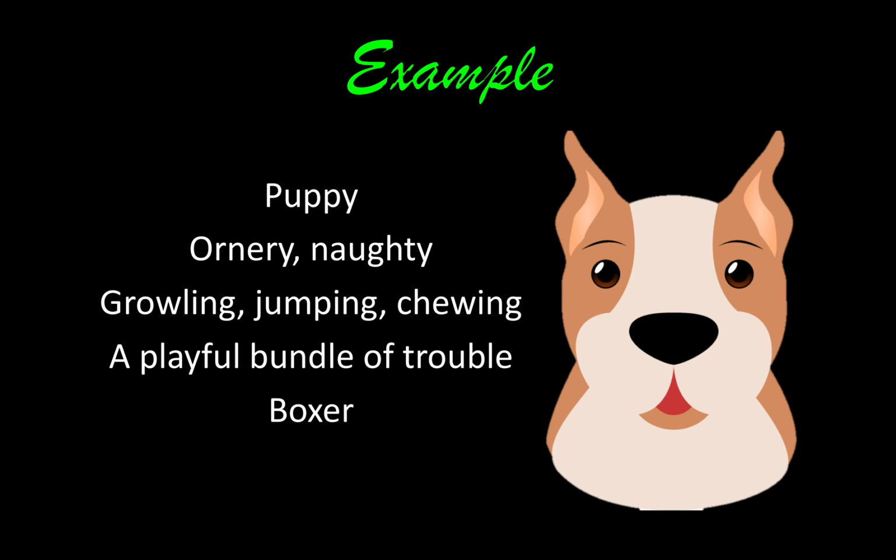A boxer is a type of puppy, so it's just a different word for a kind of puppy. Ornery, naughty, again, that's description, and that time they're using adjectives. Growling, jumping, chewing, you can see those ing words that are showing action. A playful bundle of trouble, that's the writer's feelings on a puppy.